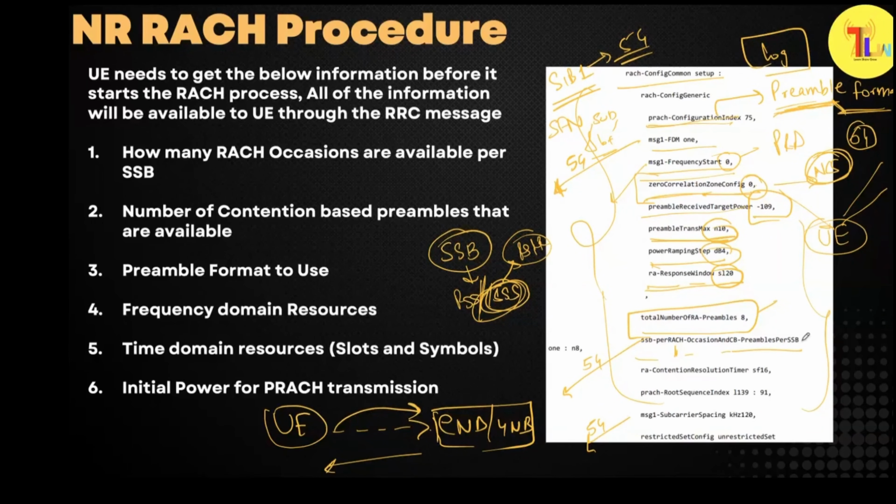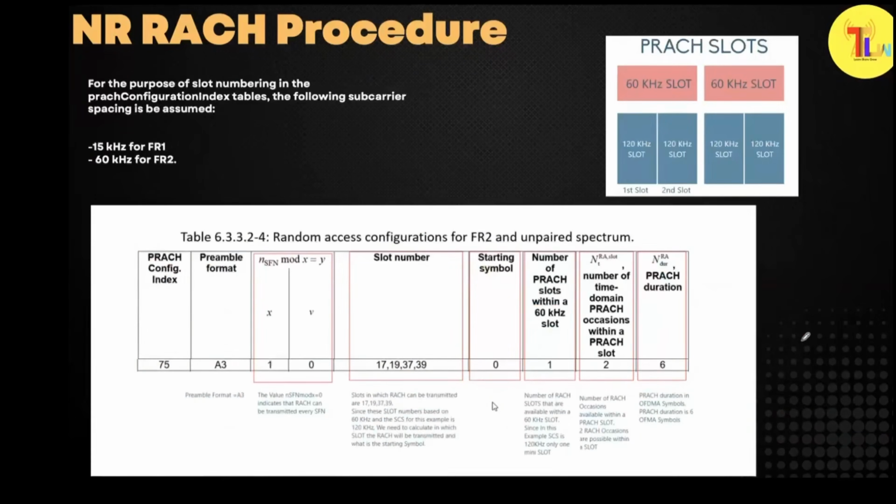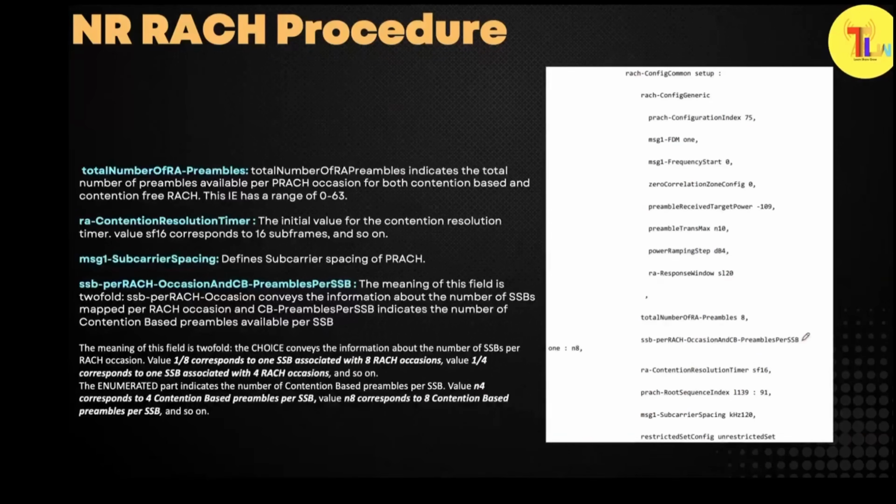To explain more, if you have any questions, we will take up these two parameters, message one FDM and SSB per RACH occasion, in the last. I know there may be confusion. You can see I have given the explanation.